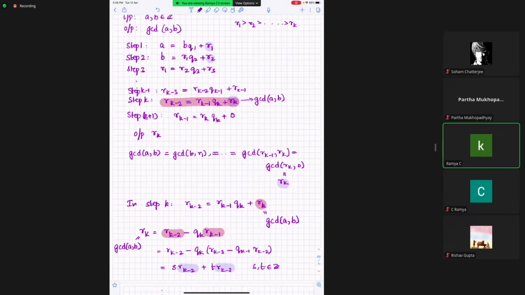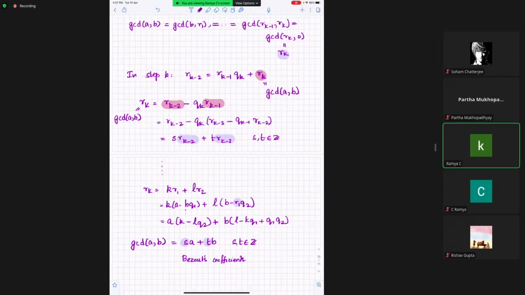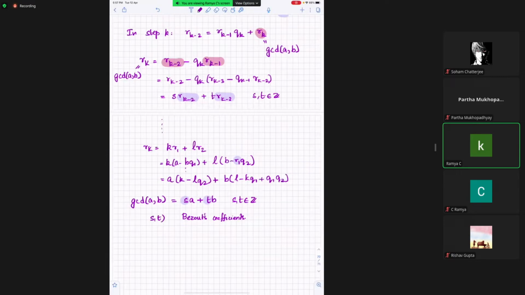So if somebody gives you two integers and asks you for the Bezout's coefficients, you have to perform Euclid's division, this GCD algorithm. In every step you know that there is a remainder, and you can reverse the steps, using backward computation to write the GCD as a linear combination of A and B. So this s and t are called Bezout's coefficients.